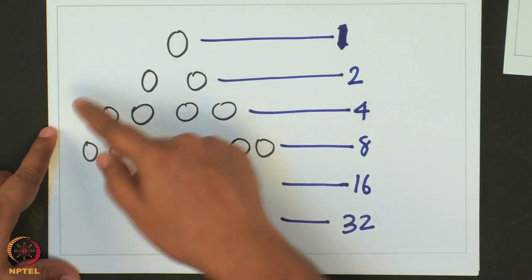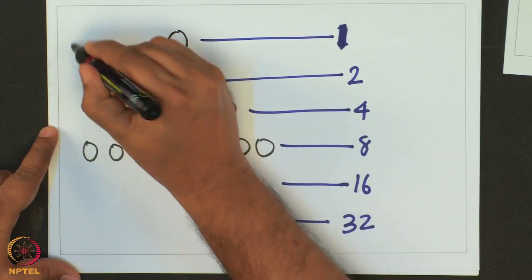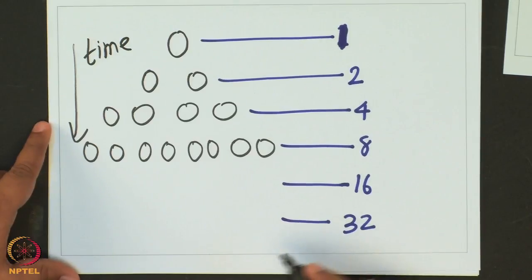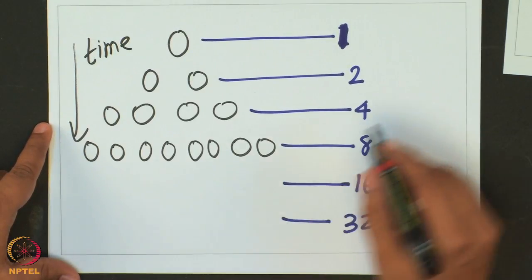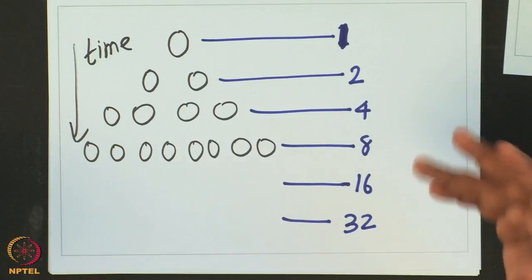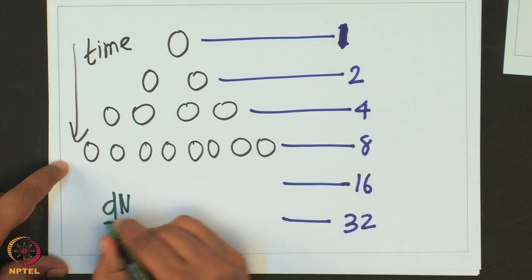So what we are observing here is the number of bacteria changing with time. How do we write mathematically that the number of bacteria is changing with time? It is obviously dN by dt.